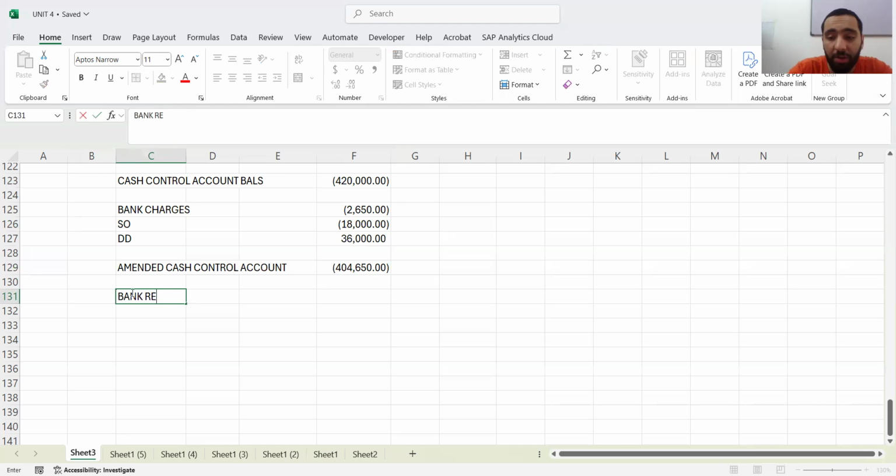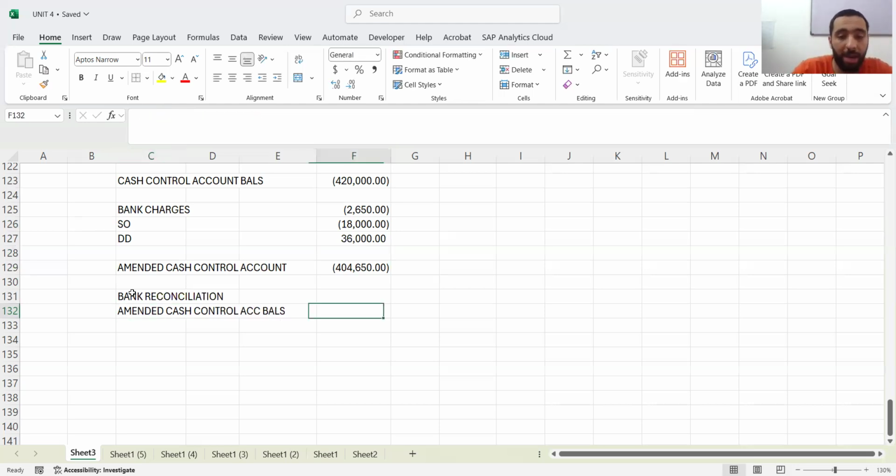Bank reconciliation. Now, first of all, what you need to do? You need to always put the amended cash control account balance. This is the balance. And then next one, what you are going to do?